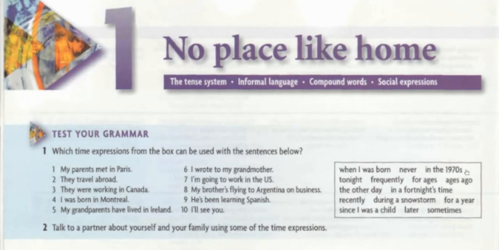I was born. Born, verb to be plus past participle of the verb born. Born from what verb? It's the past participle of what verb? Bear, bear. The past bore and the past participle born.